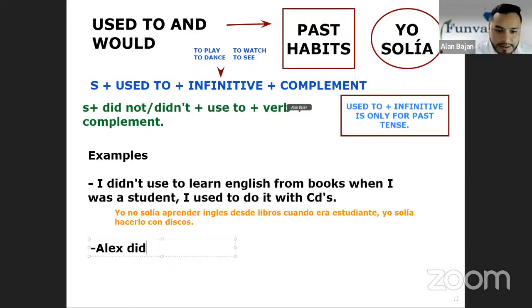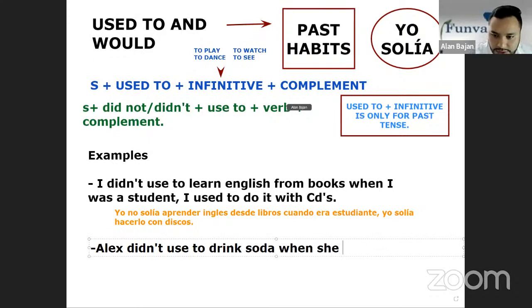Alex didn't used to drink soda when she was a missionary.